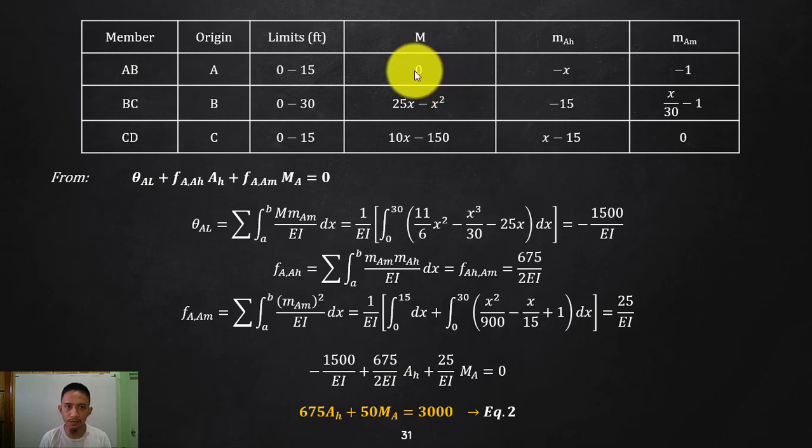Your first AB is useless since that is 0, so I do not need to have that one. But in here, this is multiplied to that, you will have this complicated expression, integrated from 0 to 30, and multiplying that CD is actually useless since that is 0. So the only integration is your BC. Big M times MAM, multiplying 1 over EI, will give us negative 1500 over EI.